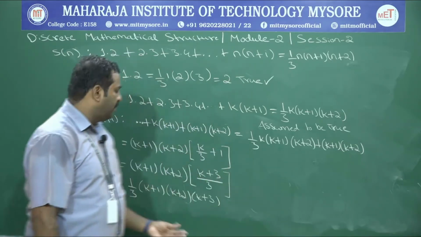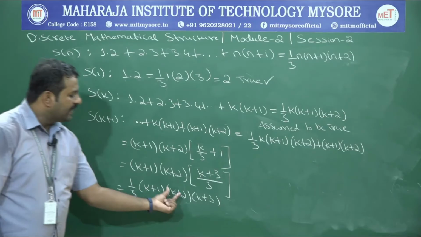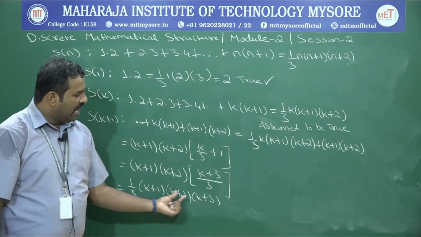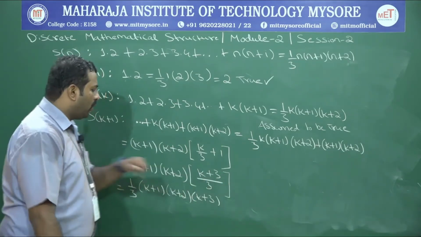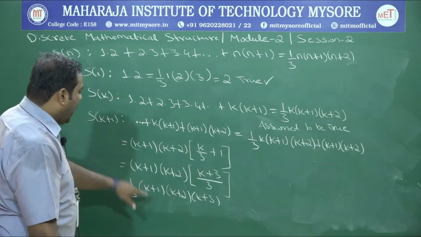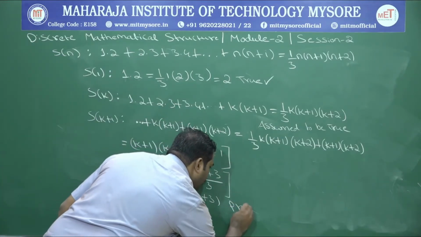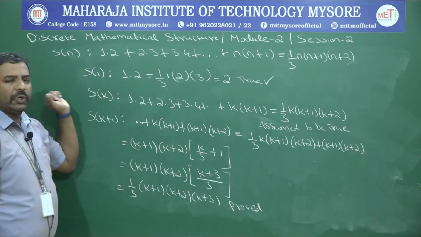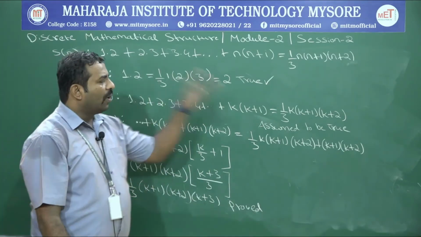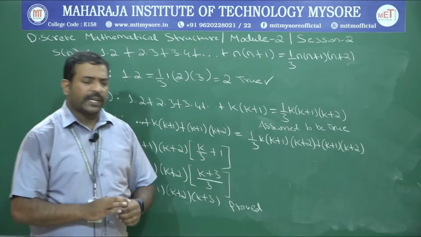If you want, you can simplify this further, and you can say this as k plus 1, this is k plus 1 plus 1, and this is k plus 1 plus 2, so that you can easily understand what exactly I am trying to match. And due to this reason, this has been proved. As this is proved, now S of n is going to be true for me. This is what exactly this problem is going to state. Fine. I hope it's clear for you.